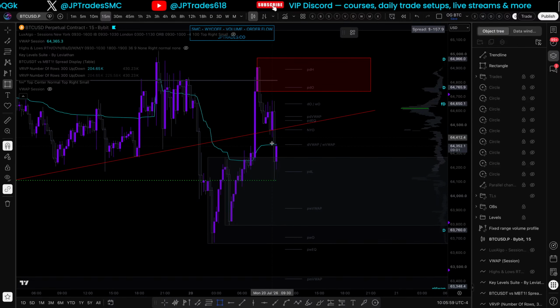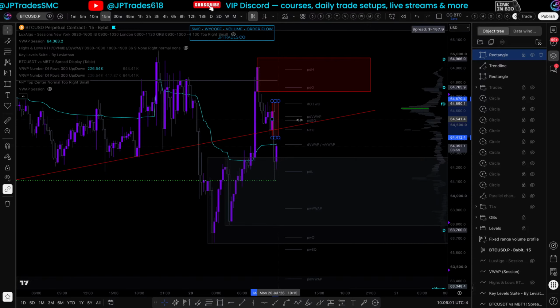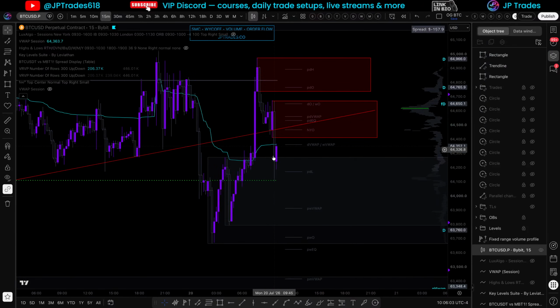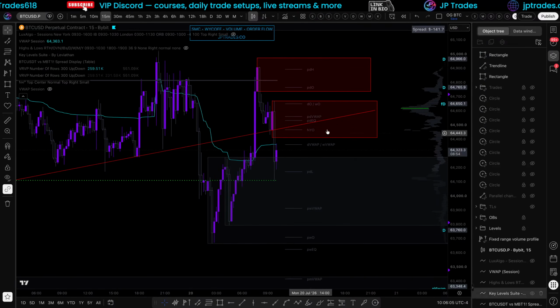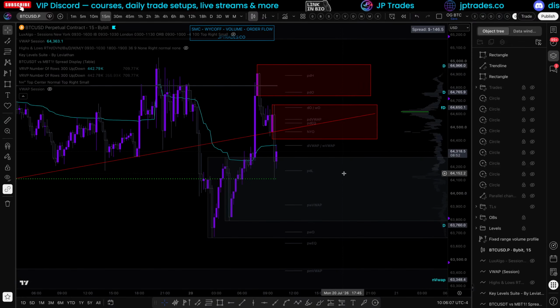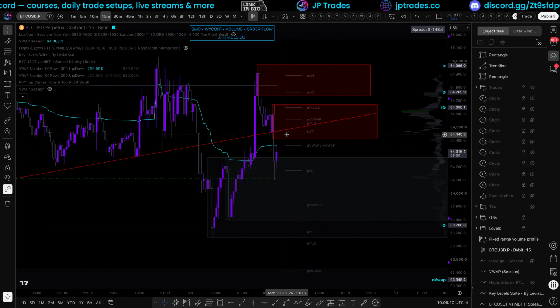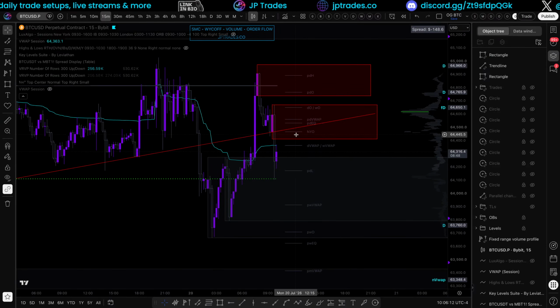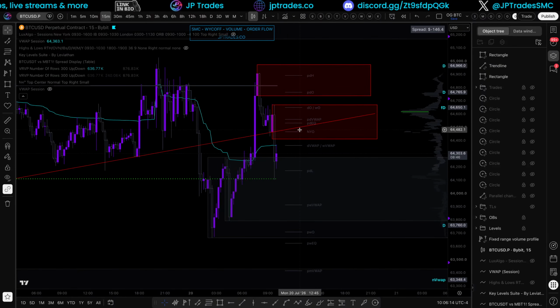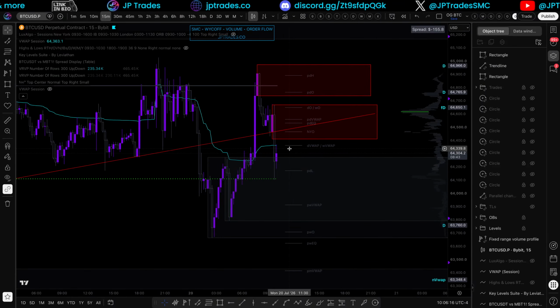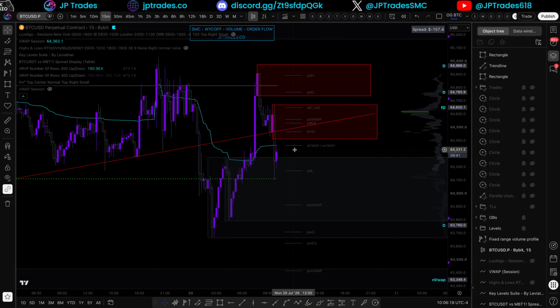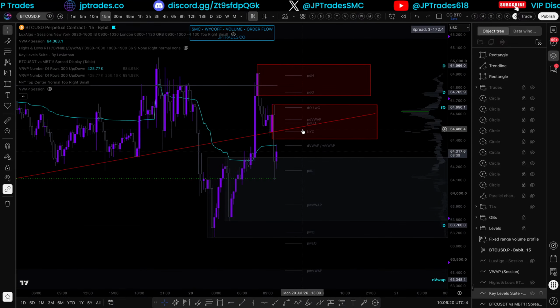Also forming a 15-minute order block here, right from the displacement from the breakdown of that trend line. So I'd be looking for it to pop back up, maybe back test New York Open and this trend line right here, if they can actually push back above VWAP for another potential short.